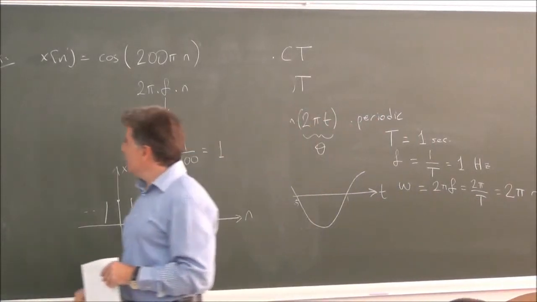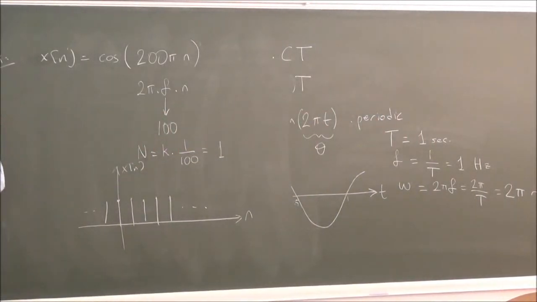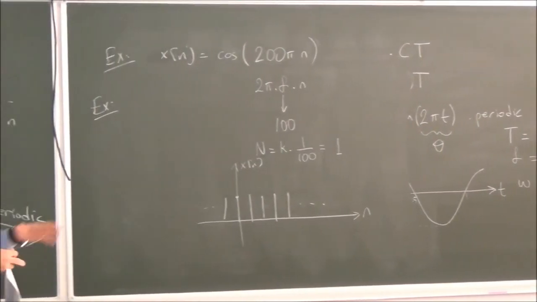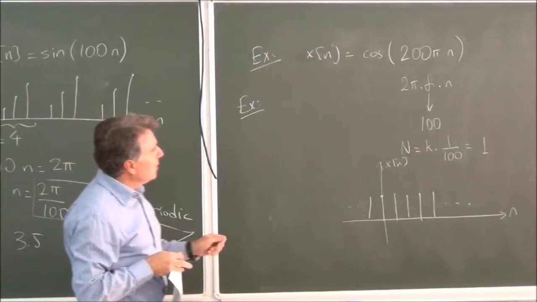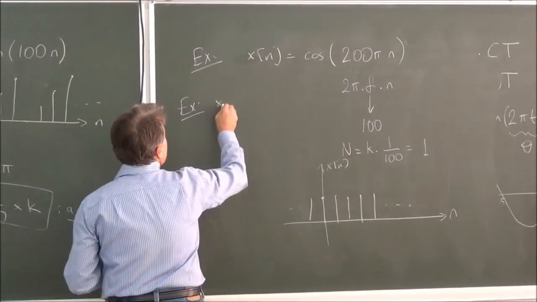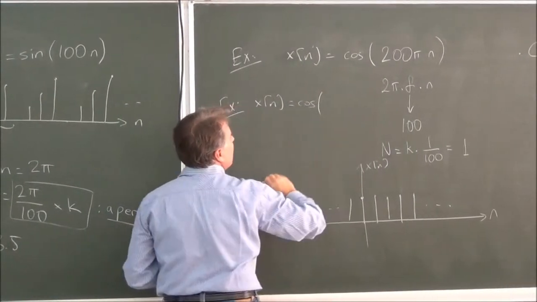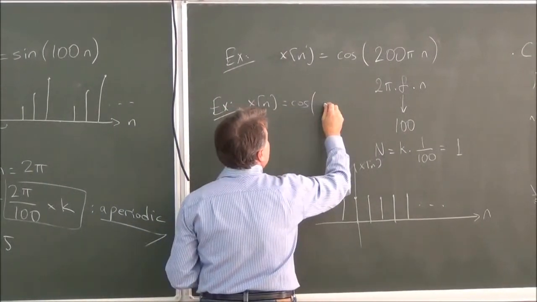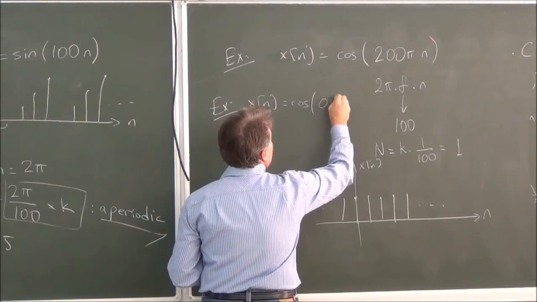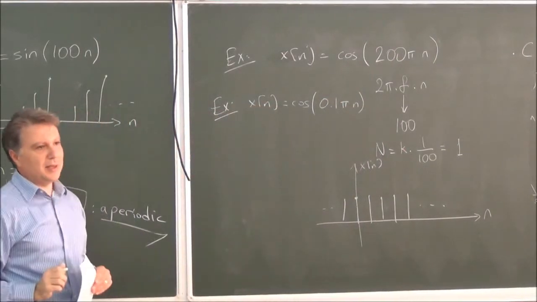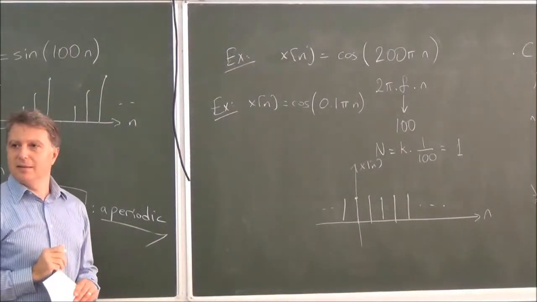How can we make a more periodic looking thing? By lowering the frequency. The frequency of this is too high. So, for example, we can say x of n is equal to cosine 0.1 pi n. Okay. This will be a more handsome function.